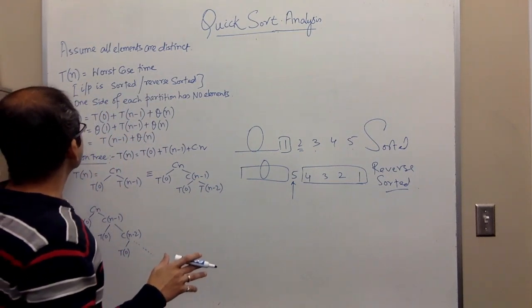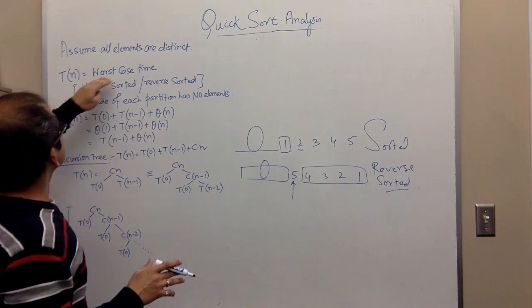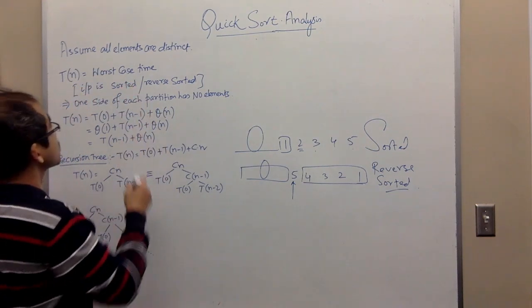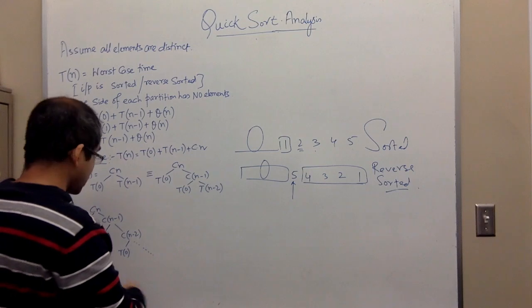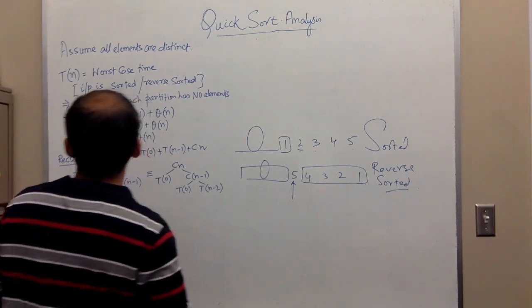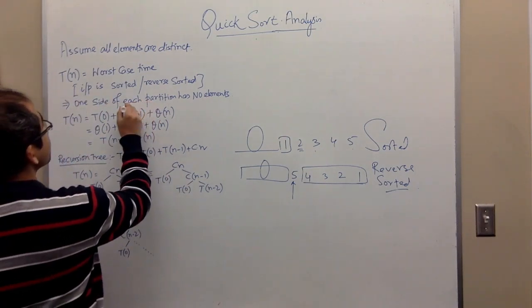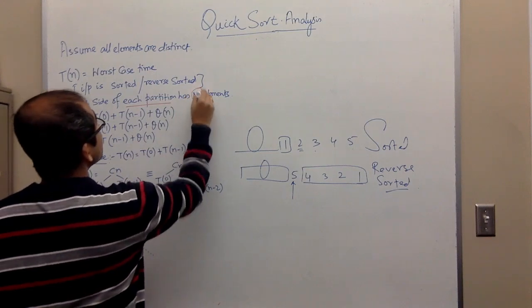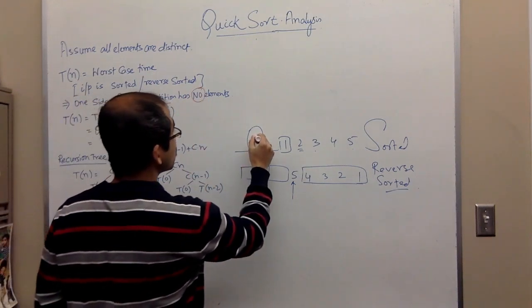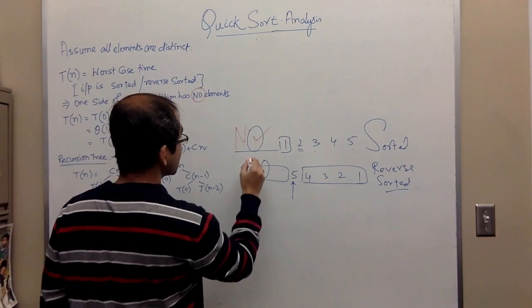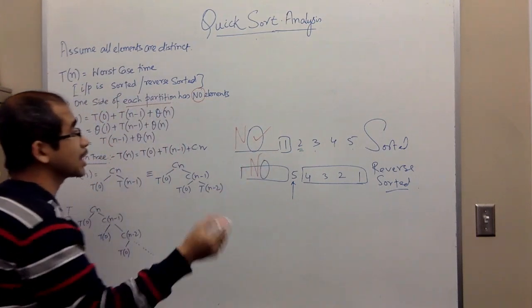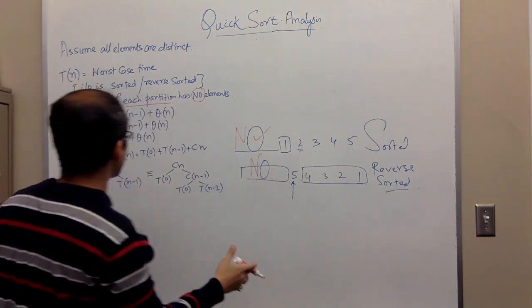So we said that the worst case time is when the input is sorted or reverse sorted. Then one side of each partition has no elements, because it's sorted or reverse sorted.